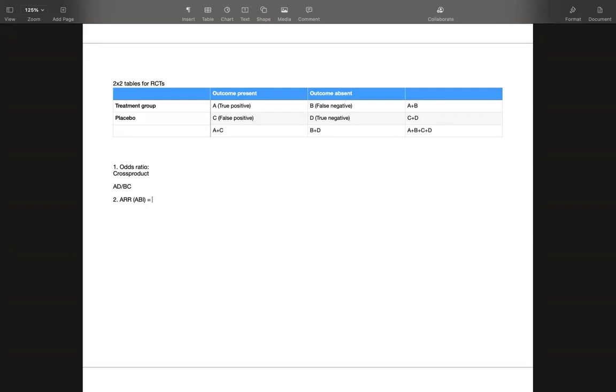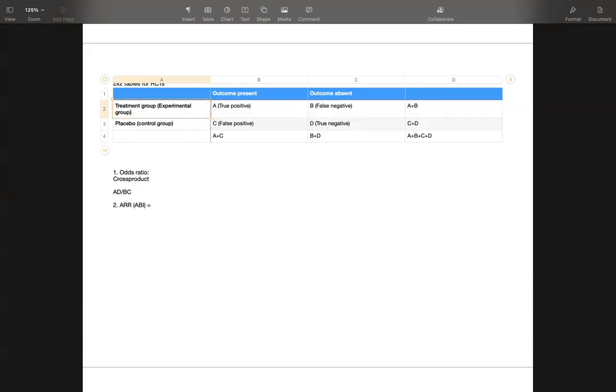What do we have? We have an experimental group and a control group. This placebo is also known as the control group, and in front of the treatment group you can also write experimental group. Why? Because we are doing some sort of experiment, right? It is an experimental group.